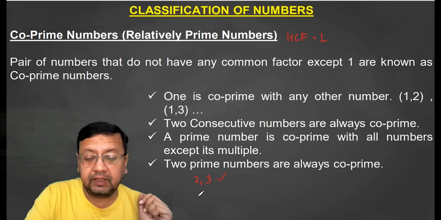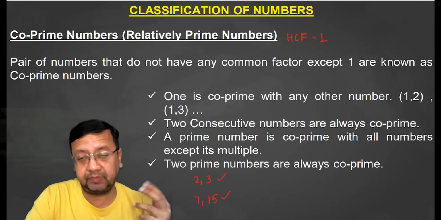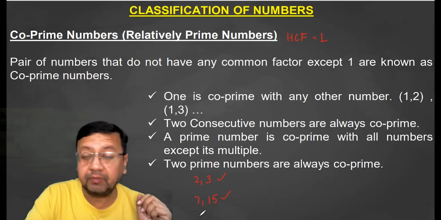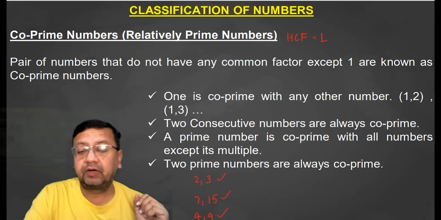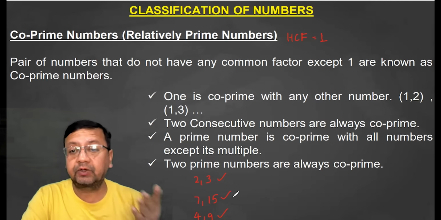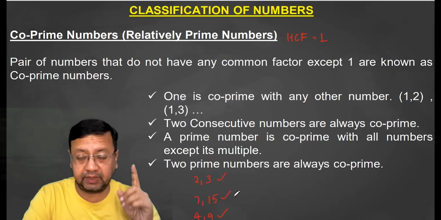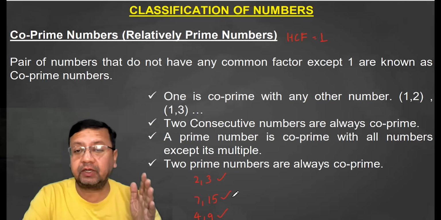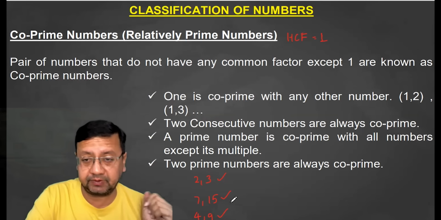If I say 7 and 15, they are co-prime. 7 is a prime, 15 is not a prime, but yes, they are co-prime because the highest common factor is 1. If I say 4 and 9, they are also co-prime. None is a prime number, but still they are co-prime because the highest common factor is 1. So co-prime is a relative property of numbers, but prime is a type of number.